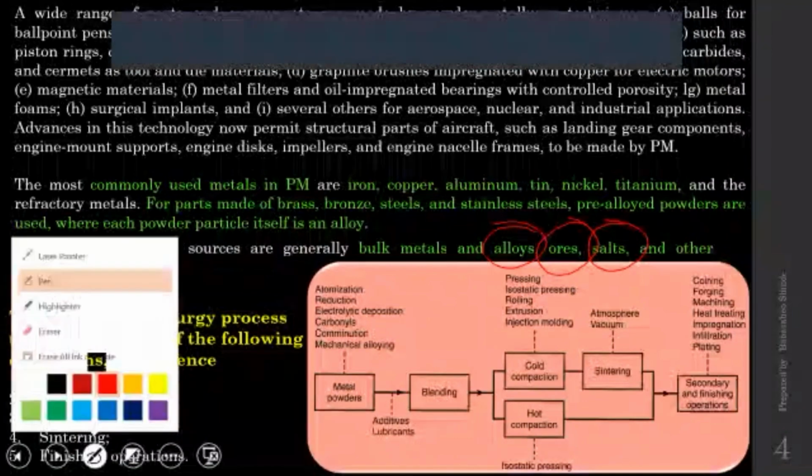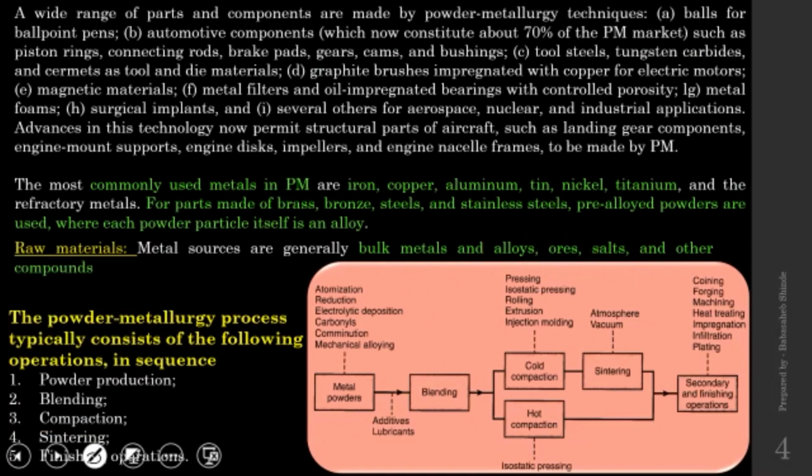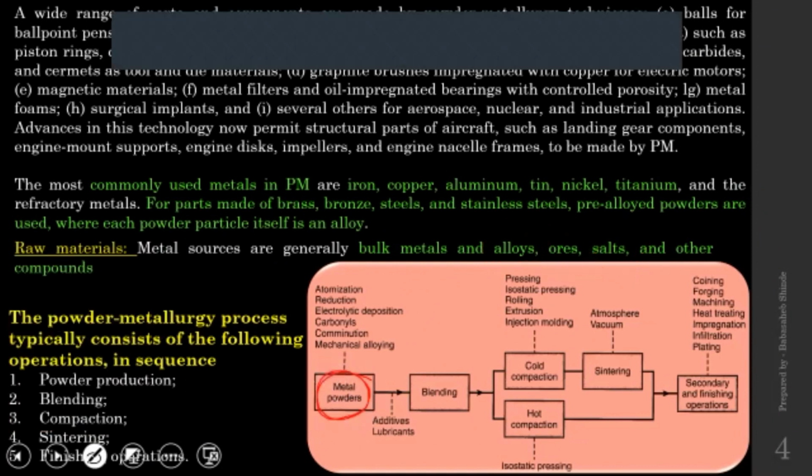Now here we are going to take a look at the sequence of operations followed in powder metallurgy, or powder metal processing. The operation begins with the powders, so the first stage is metal powders. To get those metal powders, these are the techniques that you can apply for the conversion of a raw material into metal powders.